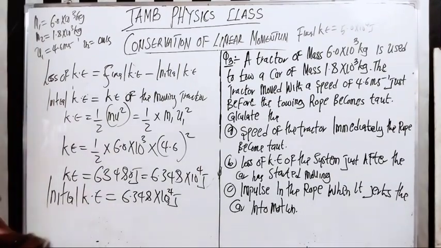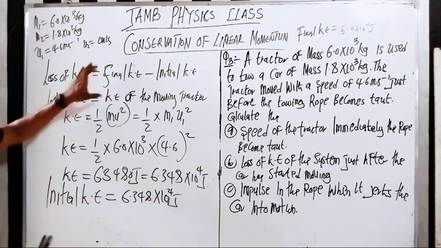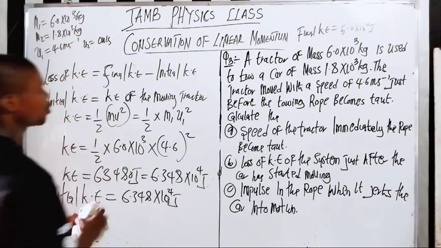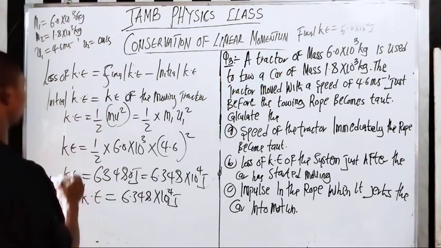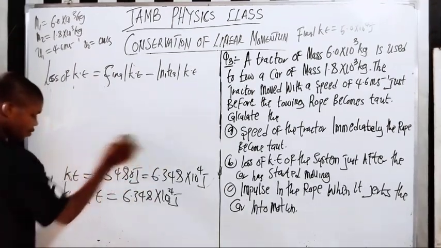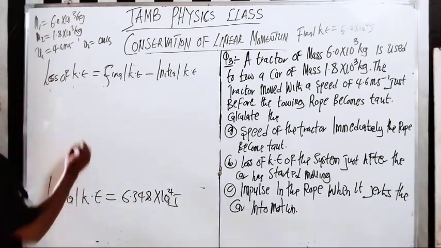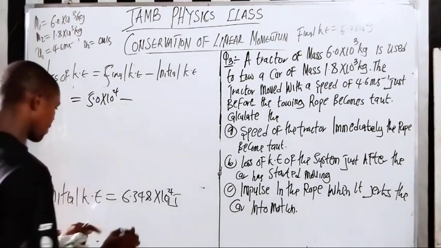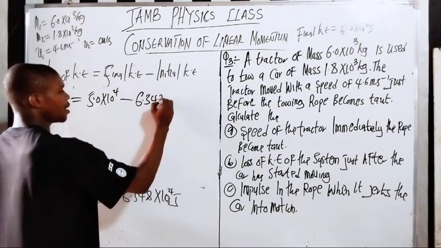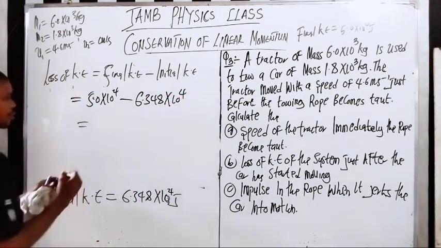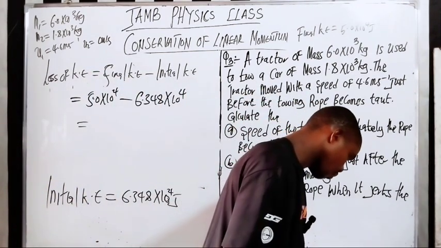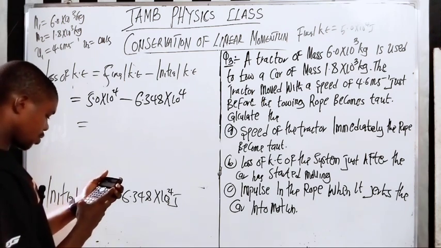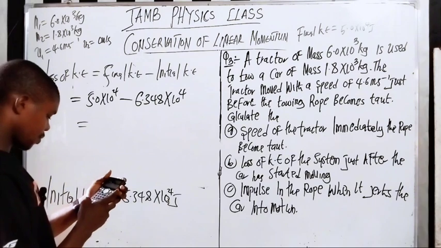So what happened here? Remember, the question asks us to calculate the loss of kinetic energy. The loss of kinetic energy is the final kinetic energy minus the initial kinetic energy. This was my final, this was my initial. So I bring out the values here and subtract them. My final is 5.0 × 10^4 minus 6.348 × 10^4.